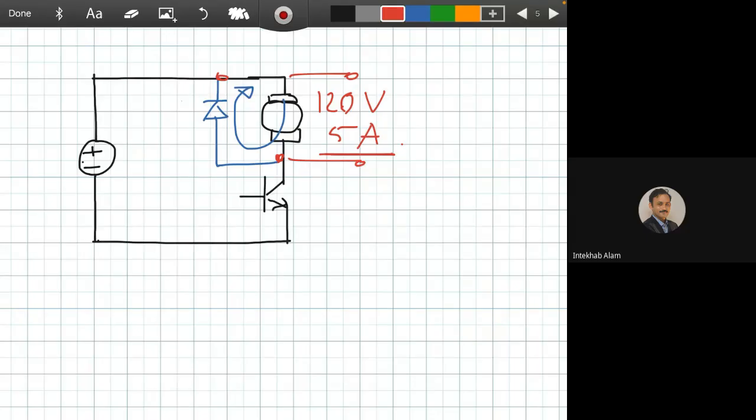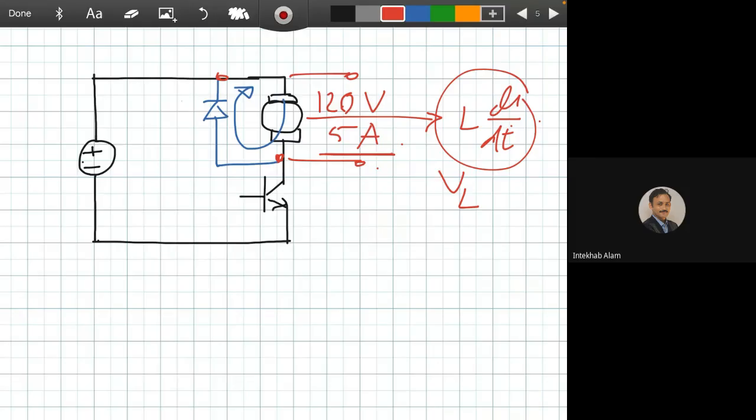It depends on the switching condition. If this is L di/dt, the voltage will be VL. If we short VL with a diode, it will give us a short circuit current.